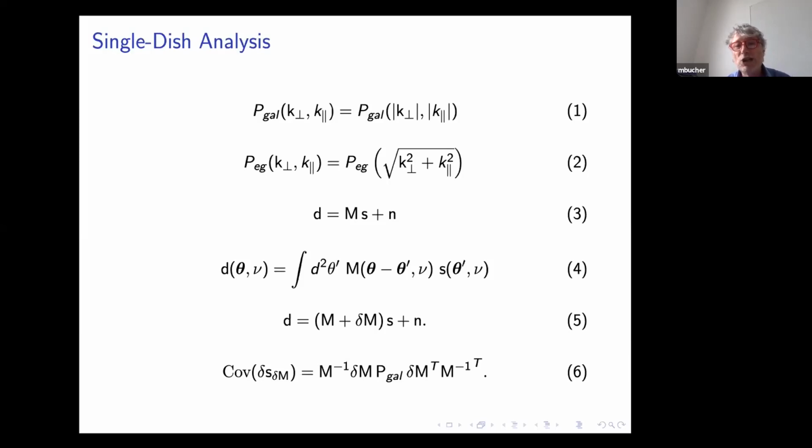So to jump ahead a little, what we think is most important with a good antenna pattern is you don't want to mix cosmological modes with modes that have a lot of noise, from the galaxy, because that's really going to screw you up, this leakage.